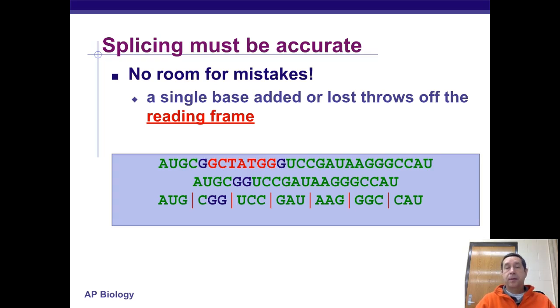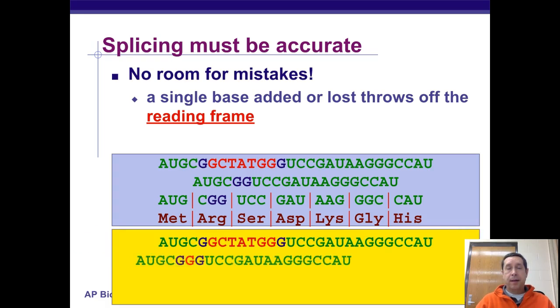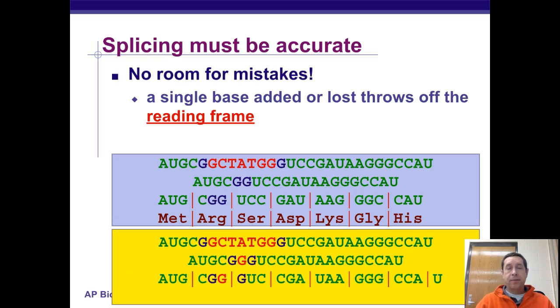So if you affect it by adding or deleting, you're going to throw off all of the codons from that addition or deletion down the line. So here's what it's supposed to look like in the normal gene. Here we have a mistake in the splicing. One of the G's didn't get cut out. And so now we've changed our reading frame, and you can see we've actually changed the protein significantly.